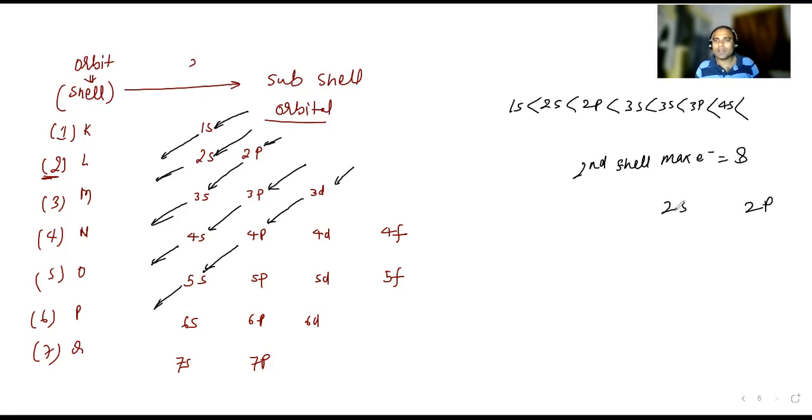The s orbital maximum electrons, how many? 2 electrons. P orbital? 6. So 2 and 6 make 8. If you add the d, it will become 18. That is not possible. The second shell means 8 electrons. Getting my point? Yes. Okay.